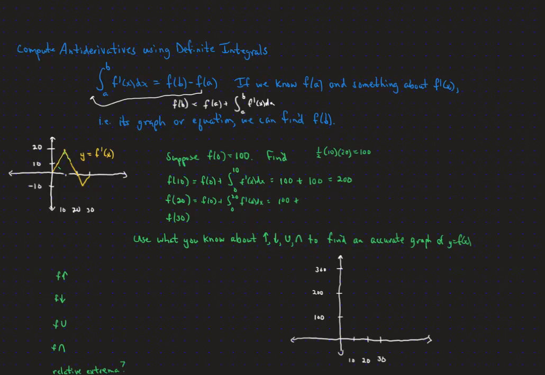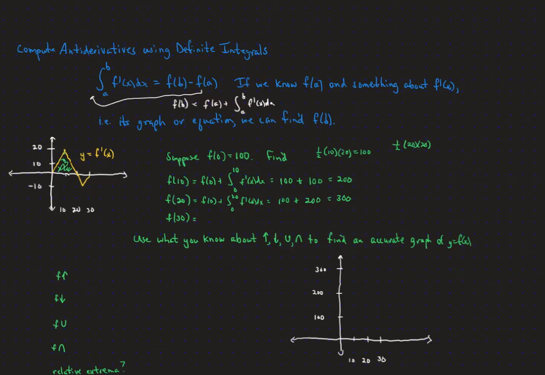I'm going to reconstruct those parts of it there. So we're now talking about the area of this whole piece here. So that's going to be 1/2 its base, which is now 20, times its height, which is 20. And so that's going to be 200. And so that's going to make f of 20 be 300.